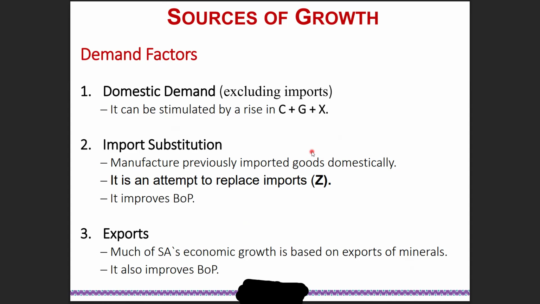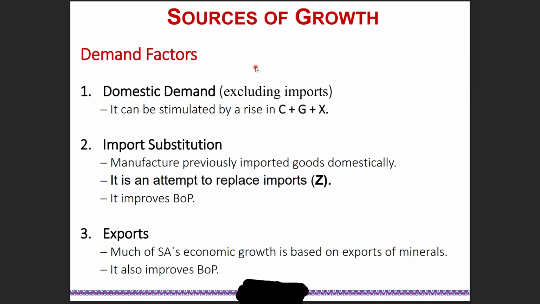So with the demand factors, guys, for production to increase, remember, economic growth is essentially just an increase in the production capacity, right? So with the demand factors, for production to increase, there has to be a demand, right? People have to demand things, and then the producers can then produce those things which are demanded, right?